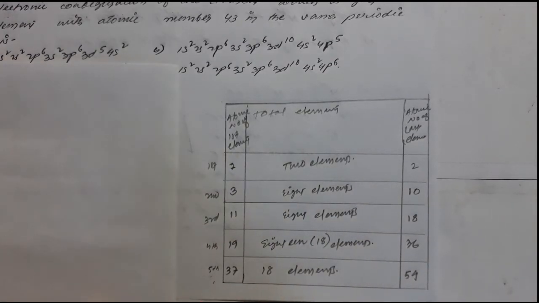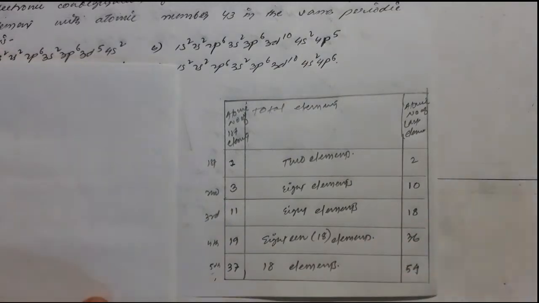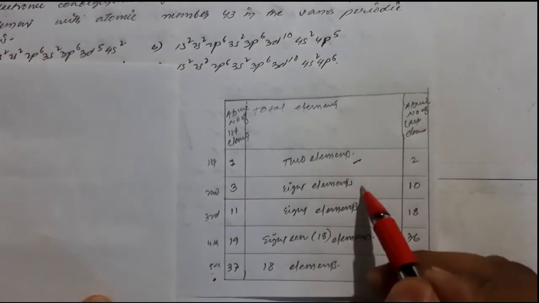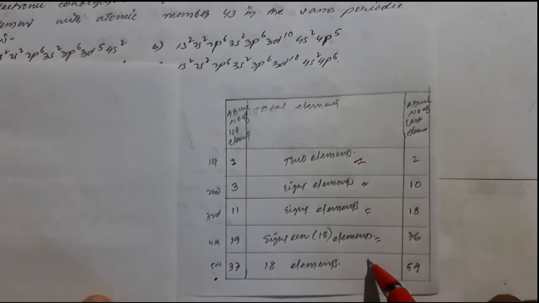The 6th and 7th you need not remember. Remember the atomic numbers of the first, second, third, fourth and fifth periods, from the start and the end, and the total number of atoms there.